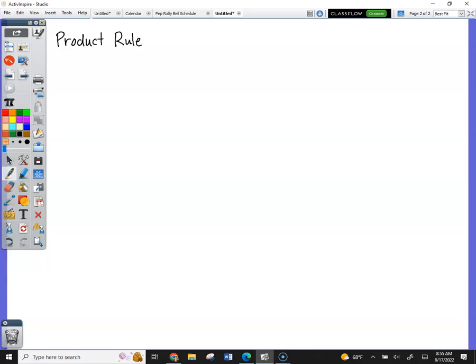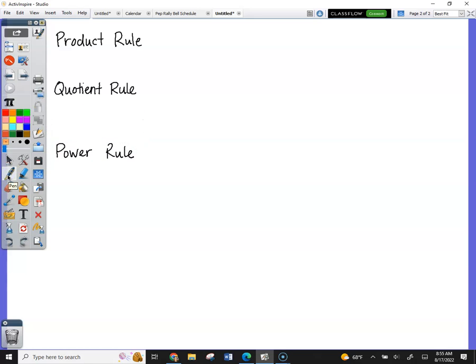All right. We have the product rule. We have the quotient rule. We have the power rule. Probably should write this one down.